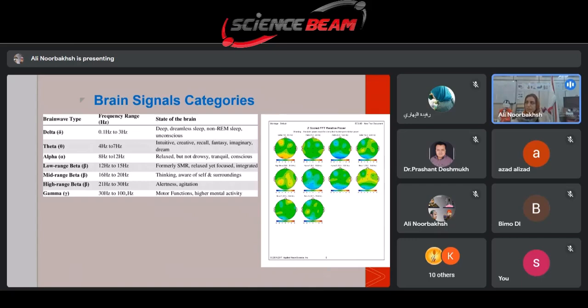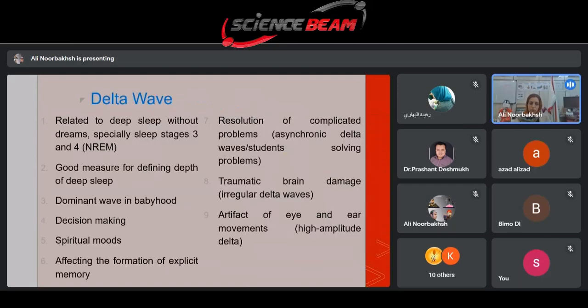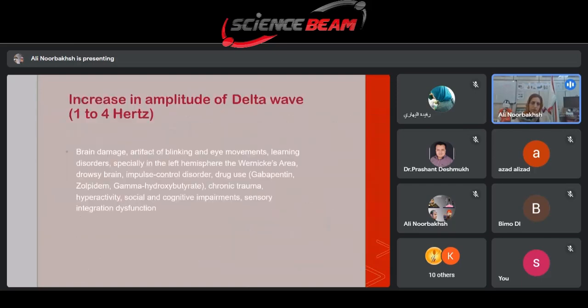When we say increase delta, as you can see, increase delta means the red color. It means red color. Okay. So when we talk about increase in amplitude of delta wave, you can see red color on a map.